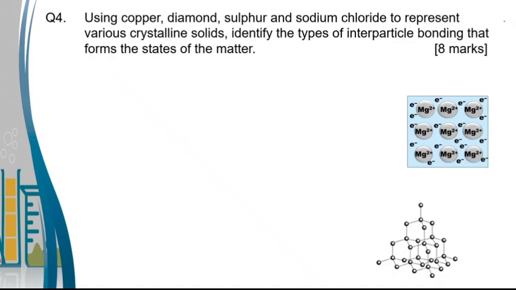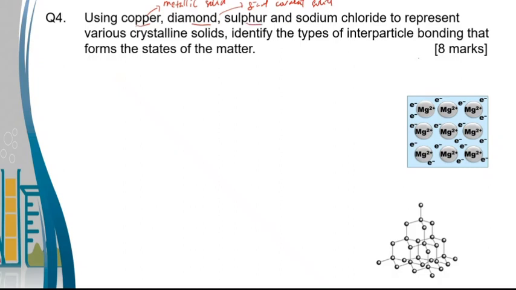To identify the type of interparticle bonding, we must know the structure, what is the type of crystalline solid for each of these. Copper is a metallic solid. Diamond is a giant covalent solid.